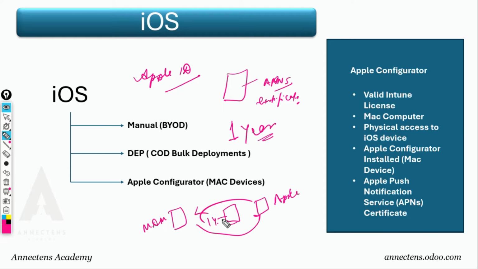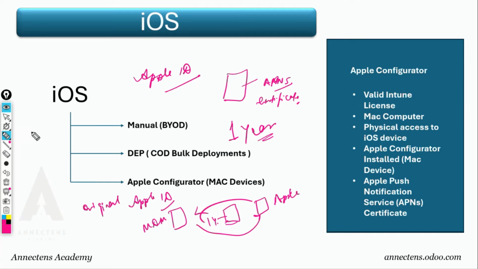You require the same original Apple ID. Okay, if you try to change the Apple ID in the middle, or maybe next year, it will not work. So ensure you have the same original ID, you have the extension of 1 year, and you require licenses.